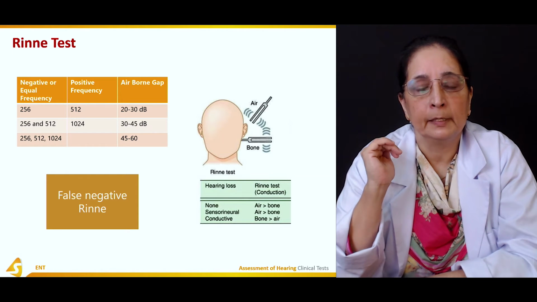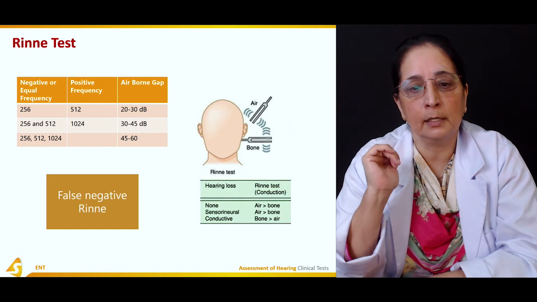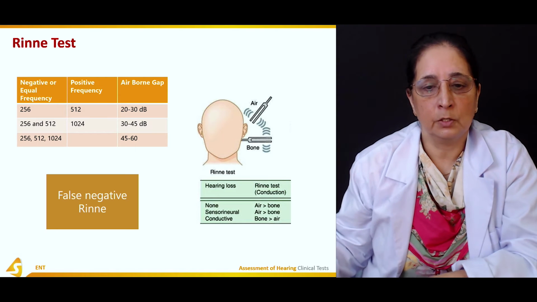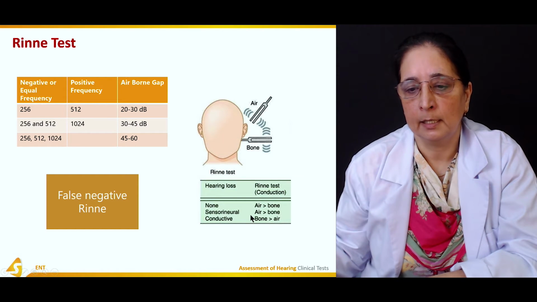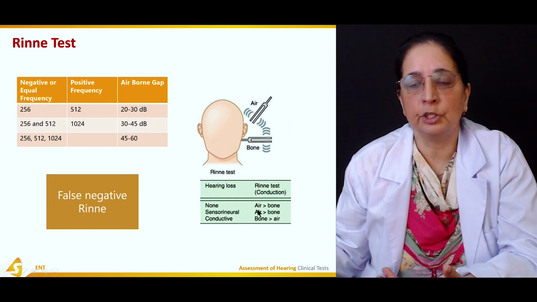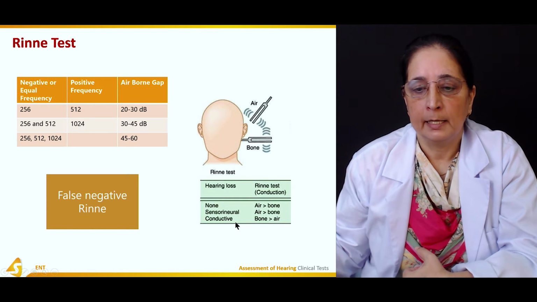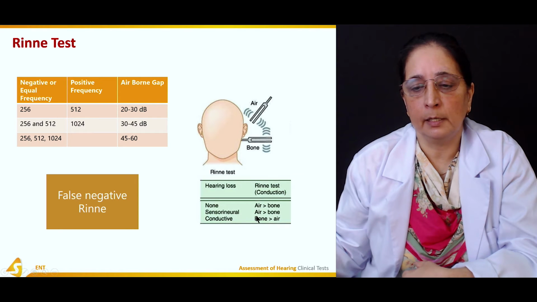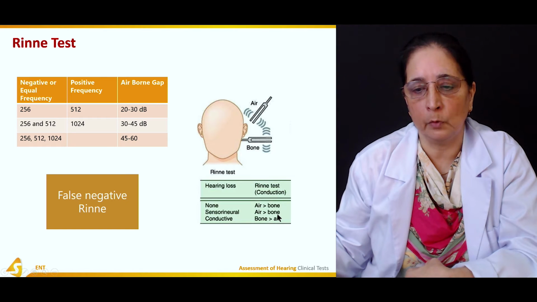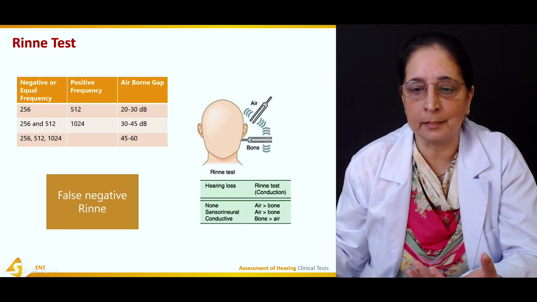So usually the air conduction is longer than the bone conduction. In Rinne's test, if the air conduction is longer than the bone conduction, it's normal. In sensorineural hearing loss, the air conduction is greater than the bone conduction, pretty much the same as normal.